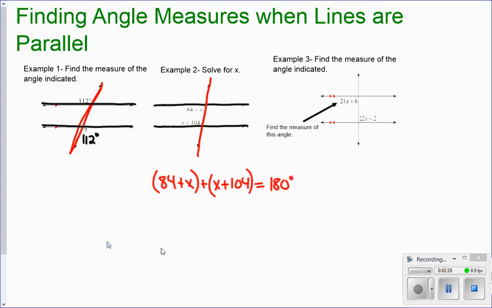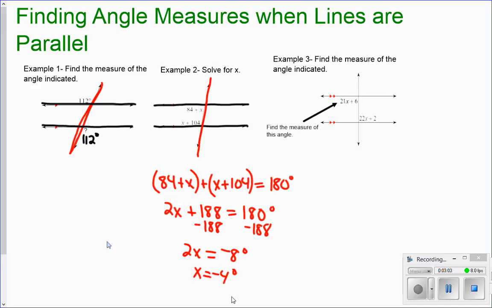So I'm going to combine like terms. I have two x's. I have 84 plus 104, which gives me 188. And the sum is 180 degrees. So I'm going to go ahead and solve for x. When I subtract 188 from both sides, I get 2x is equal to negative 8 degrees. Then I'm going to divide both sides by 2, giving me x equals negative 4 degrees.